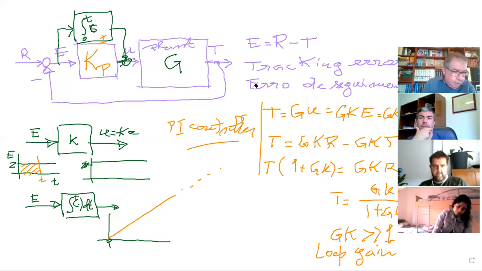Or you are keeping an airplane at a constant altitude, but then there comes a wind gust and it starts shaking. That's a stochastic disturbance. Or you have a solar system and you want to control the temperature, but then a cloud passes. The cloud is a disturbance. The radiation is a disturbance.